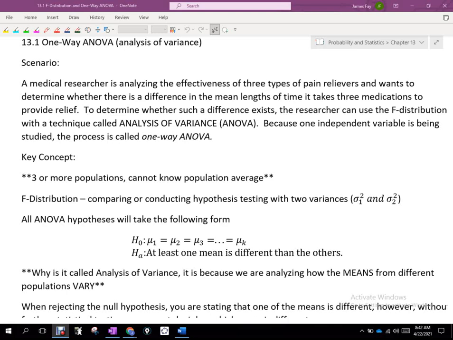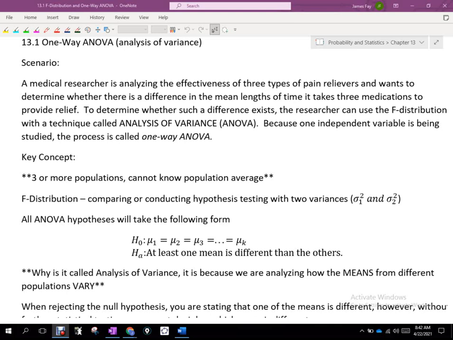So if I've got Tylenol, maybe Advil, and ibuprofen, I want to know, okay, is there really a difference in what I take? Let's say that we're using the same milligrams on each of those. Is there a difference in the mean time, or can I take Tylenol in lieu of Advil in lieu of ibuprofen?